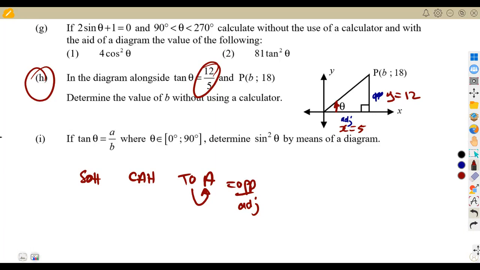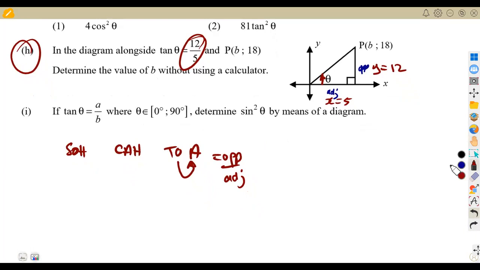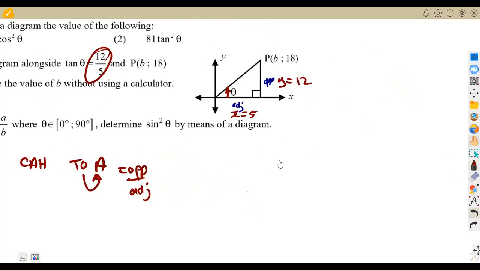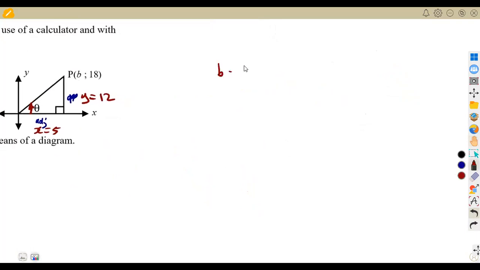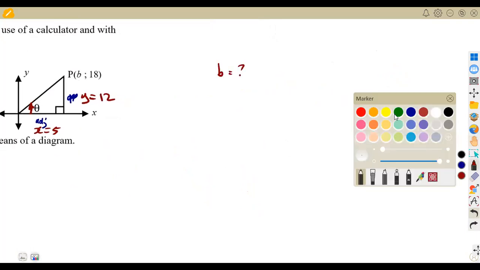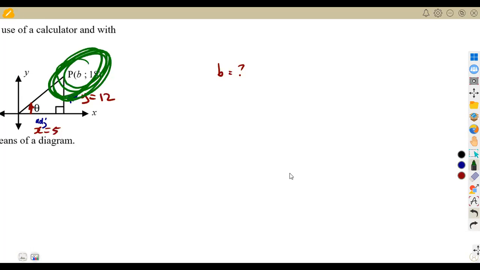This is an interesting question because we know that this point P must represent the value of X and the value of Y, where the value of X we have is 5, and the value of Y we have is 12. We have these values 5 and 12.